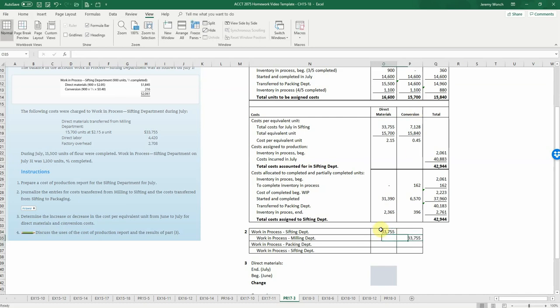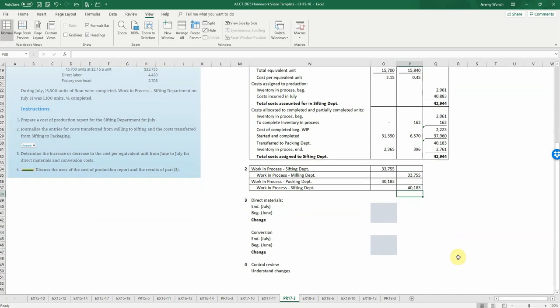And so into the sifting from the milling department. And then from the packaging department, so transfer to packing departments, that goes into packing, and it came out of the sifting department. So now we have our work in process transfers, journal entries.